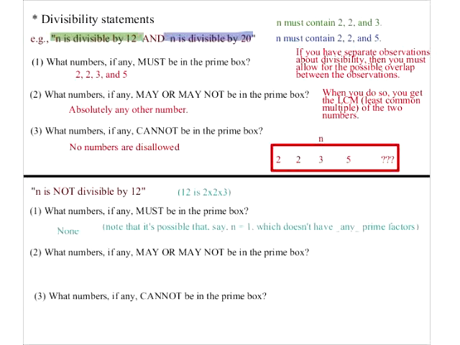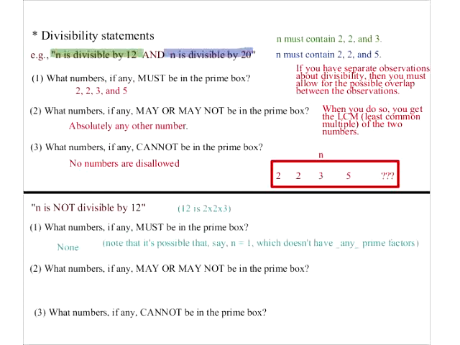By the way, whenever we talk about these things, as a convention here, you can just assume from now on that we're talking about positive integers in the divisibility problems.